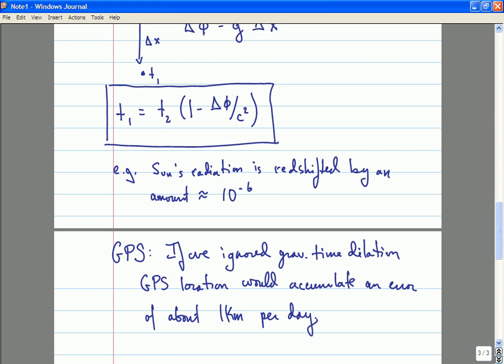So you can see that general relativity is incredibly important in this case.